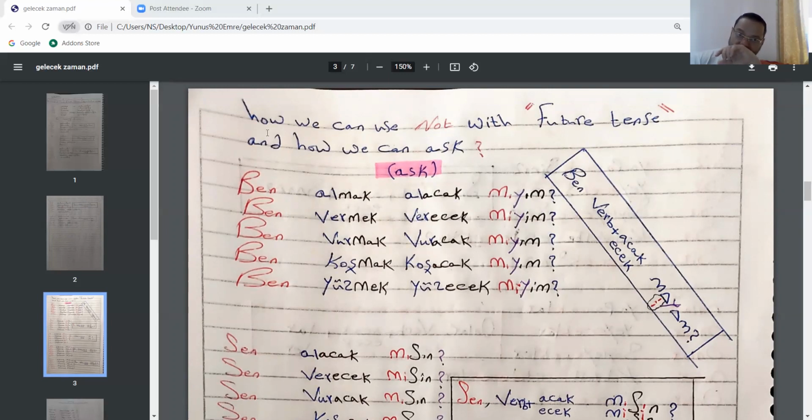Like I wrote below, this is how we can ask by using the future tense. How we can put negation with the future tense form, we will discuss in the next slides.